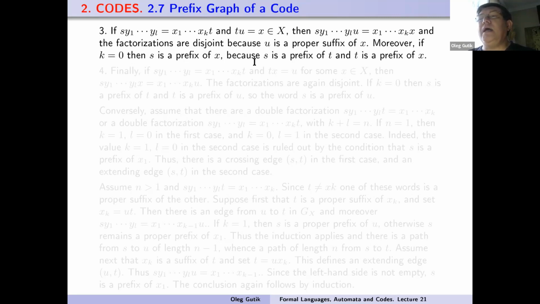Moreover, if k is equal to 0, then the word s is a prefix of the word x, because the word s is a prefix of the word t and t is a prefix of the word x.